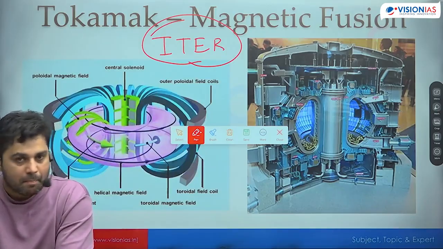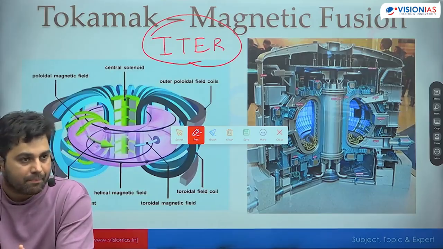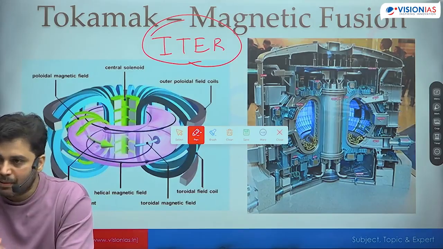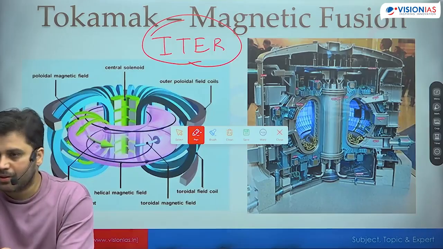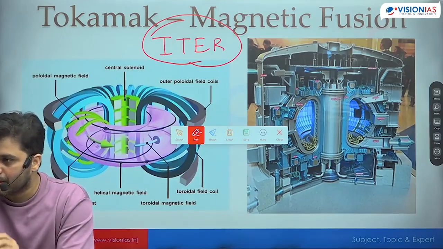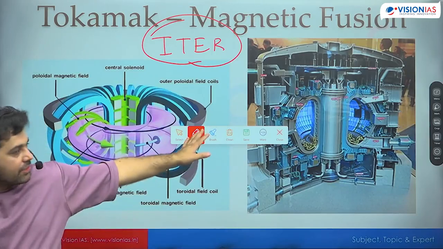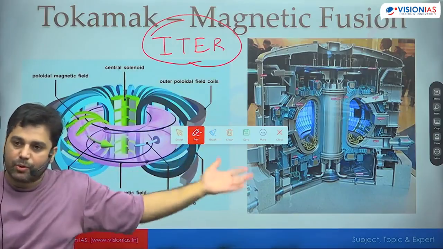You have China, you have Japan, you have South Korea, entire European Union, UK, and then India. So you have many developing nations and almost all of the Western world part of this collaboration, pooling their resources, pooling their talent, and working towards the largest construction of tokamak.